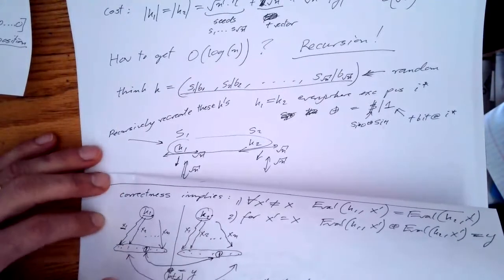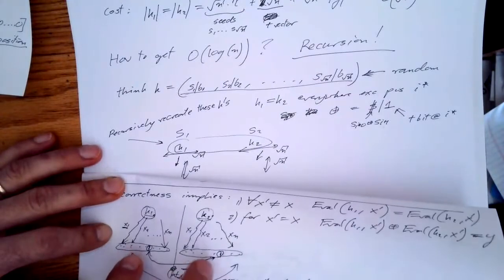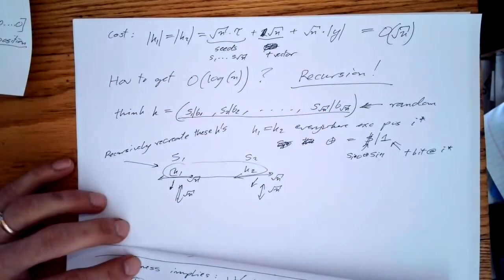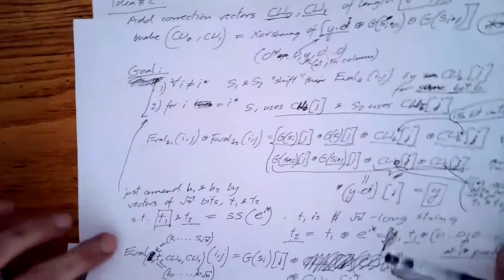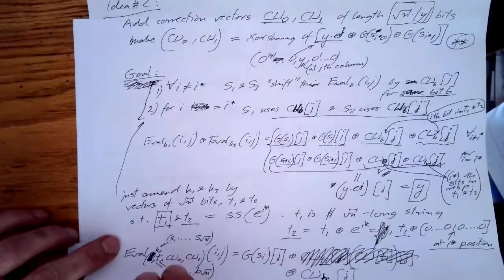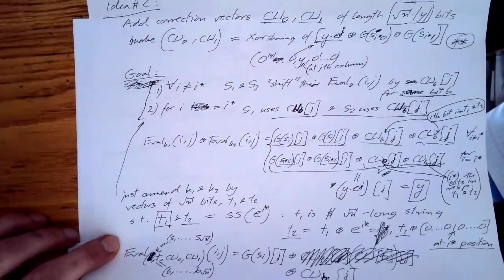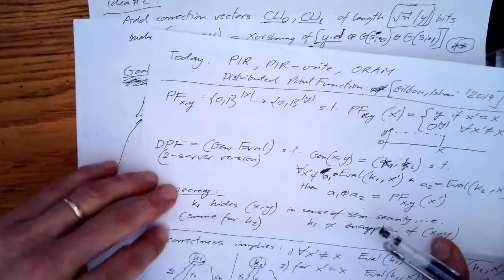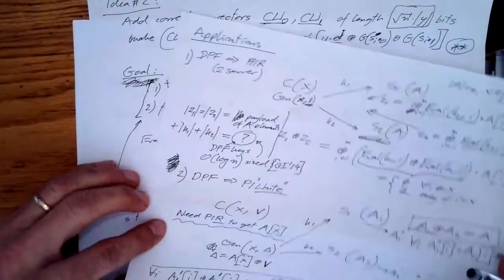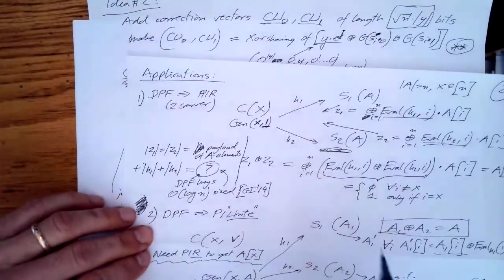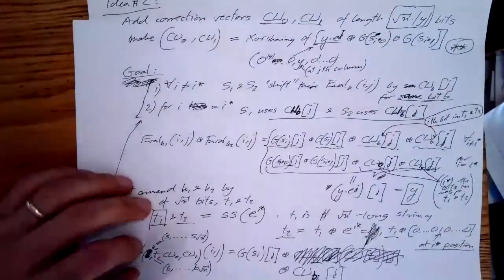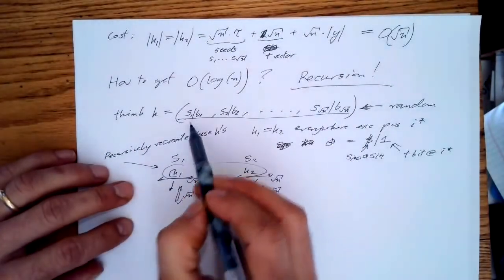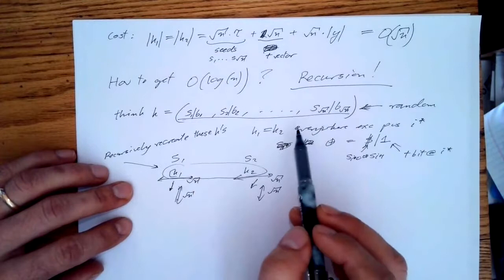Yes. So how do I, in the basic solution, in the square root solution, these two keys were simply sent over, right?